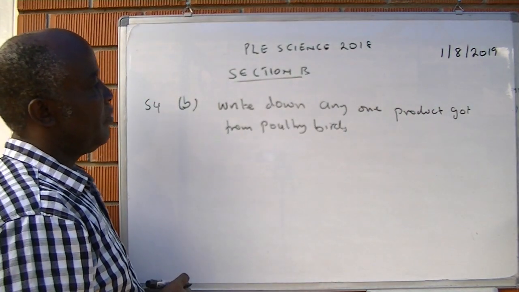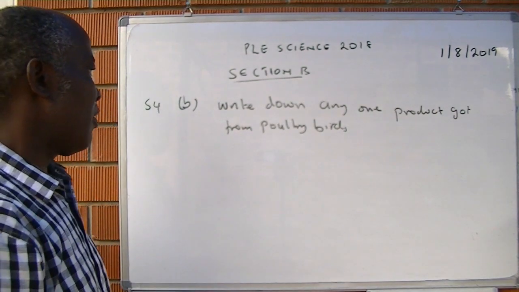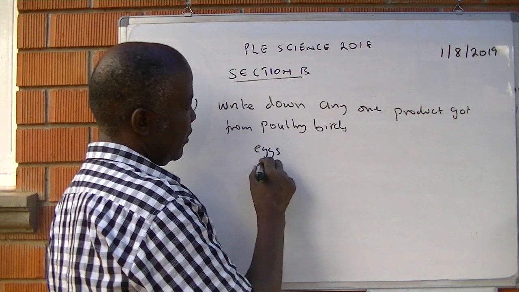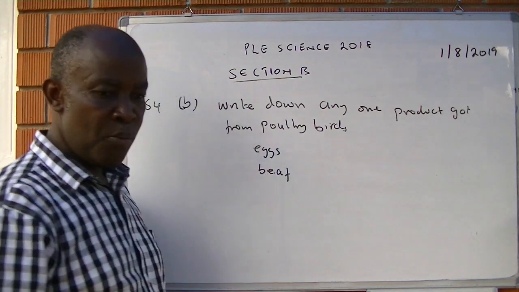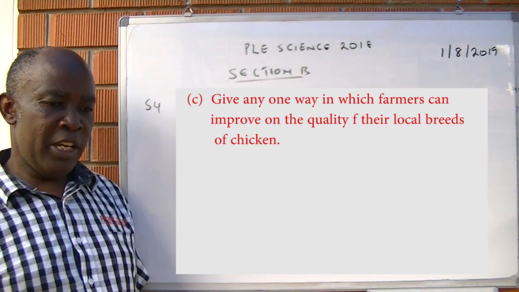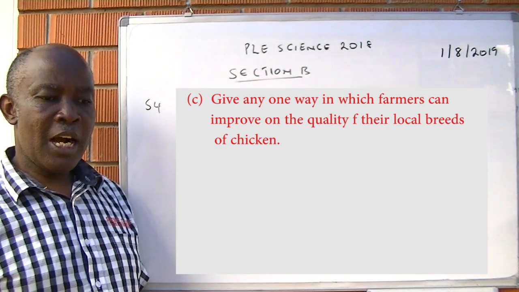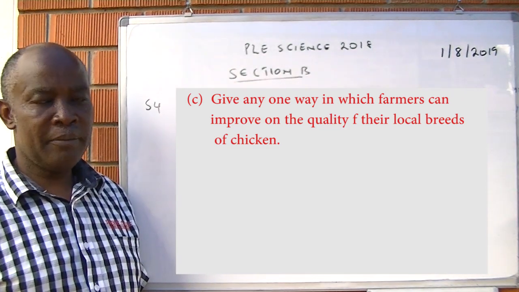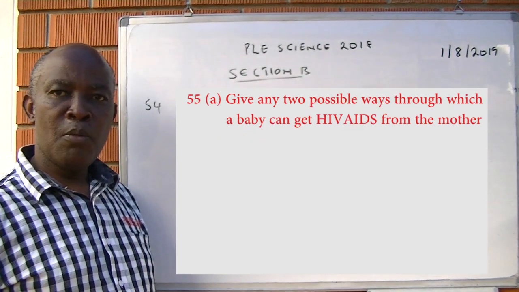Name any one product got from poultry. Those are eggs, beef. Part C. Give any one way in which farmers can improve on the quality of their local breed chicken by cross breeding.